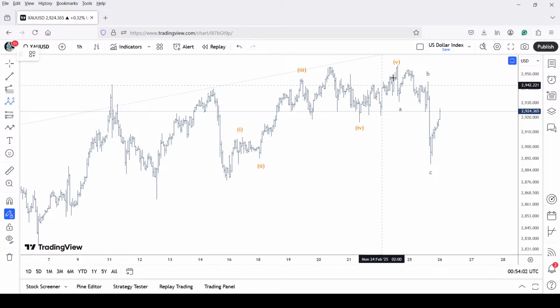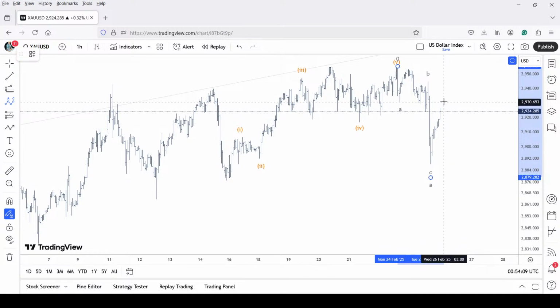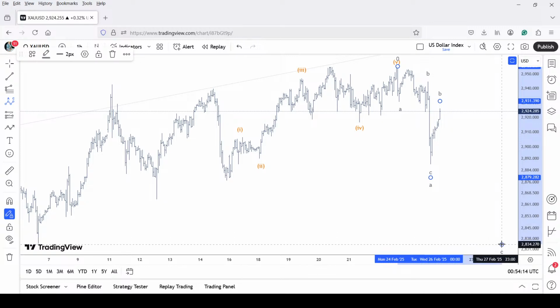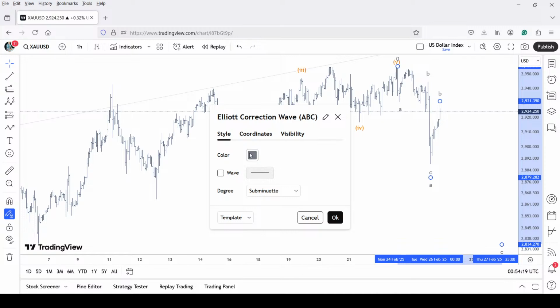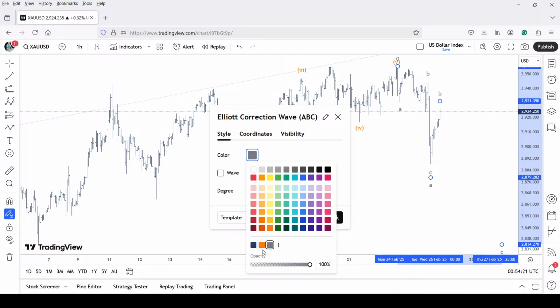We can do that minute A, and minute B could be carved right now, and then minute C, and we change the degree to a minute level here. I hope the structure is clear.